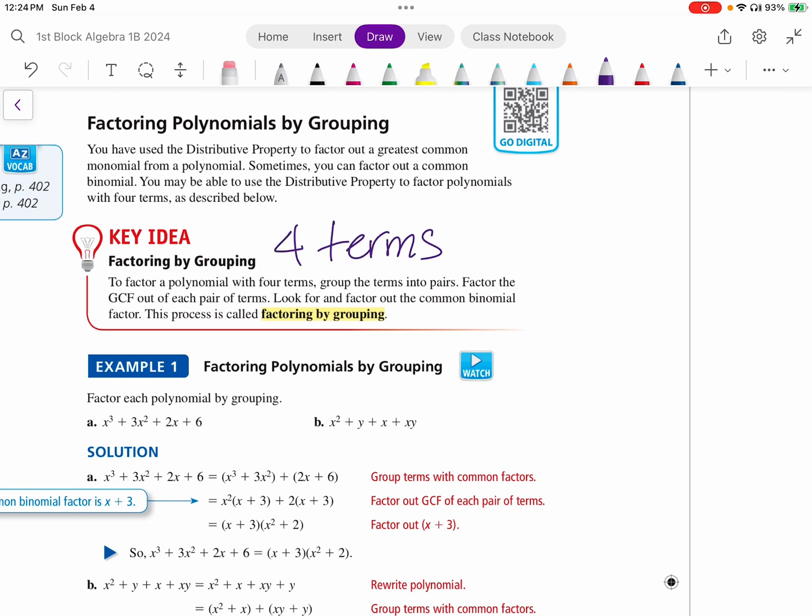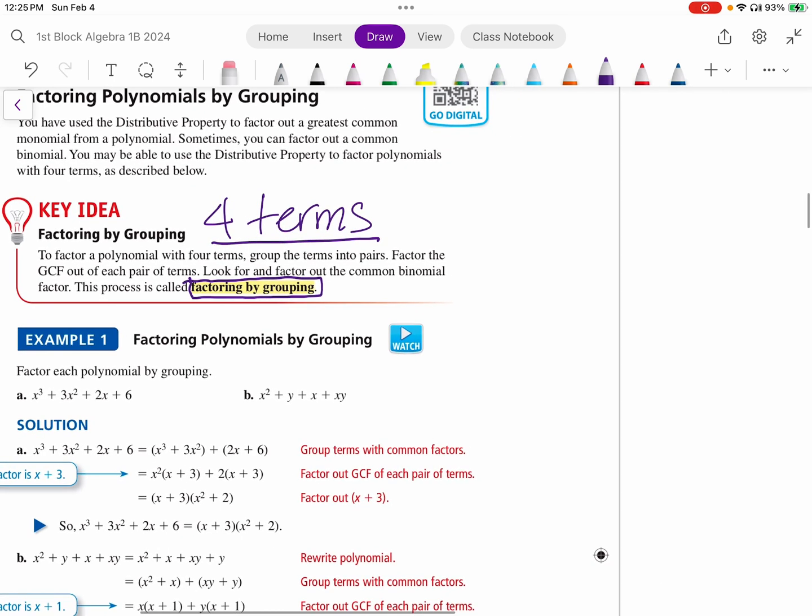And when we have 4 terms, Xbox doesn't work. It's clearly not a perfect square trinomial, nor is it a difference of squares. So once we see that we have 4 terms, we need to use a process called factoring by grouping.